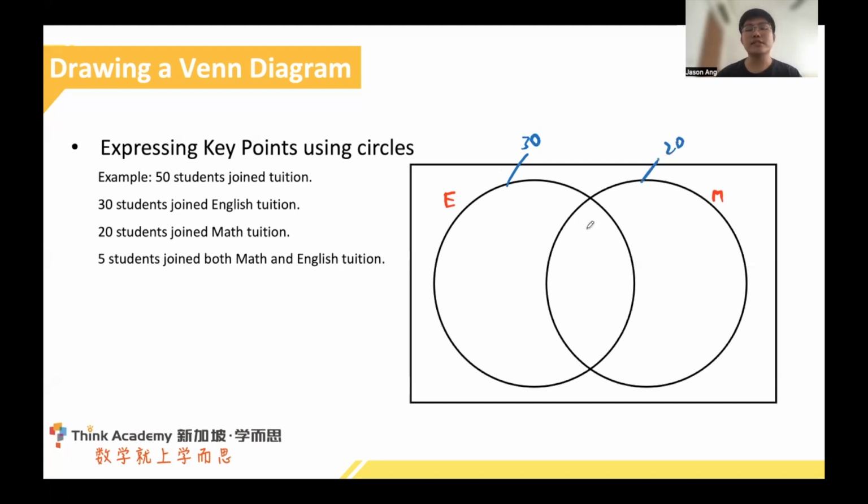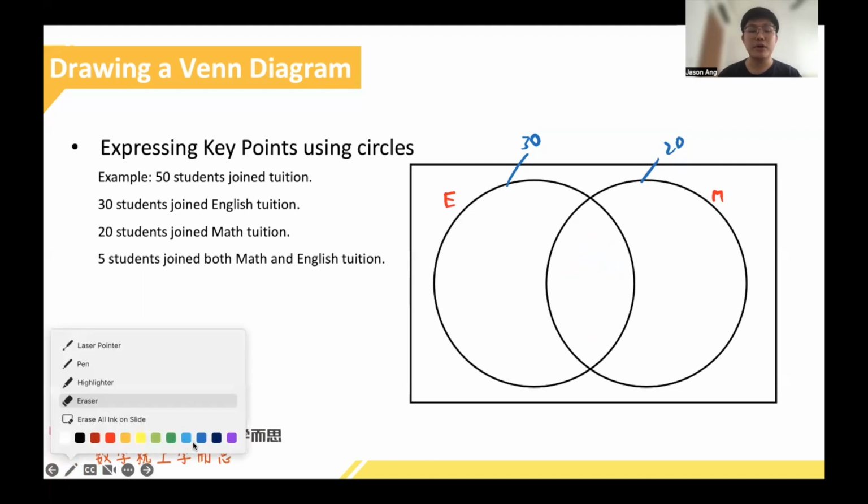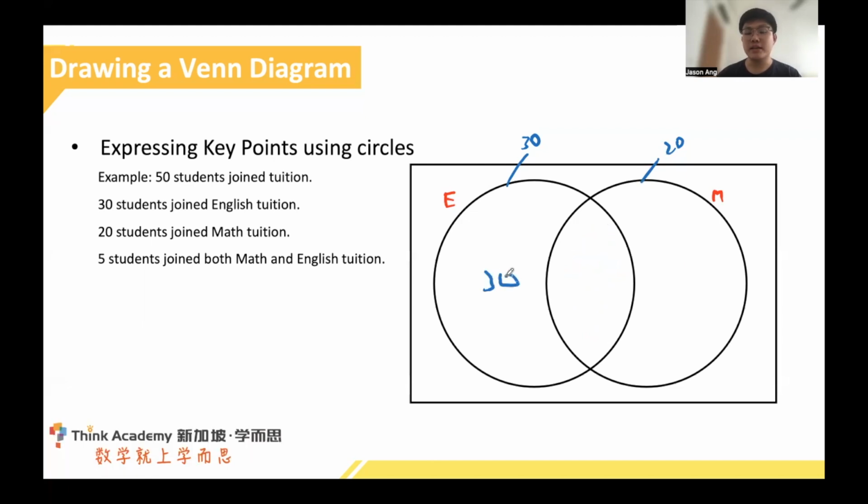However, we notice there are some overlapping sections in the middle. These overlapping sections have their own values too. That's the reason why we cannot just write a simple 30 inside here. Because does this 30 represent the full circle? Does it represent just part of the circle? We cannot exactly tell if we just did it like that.